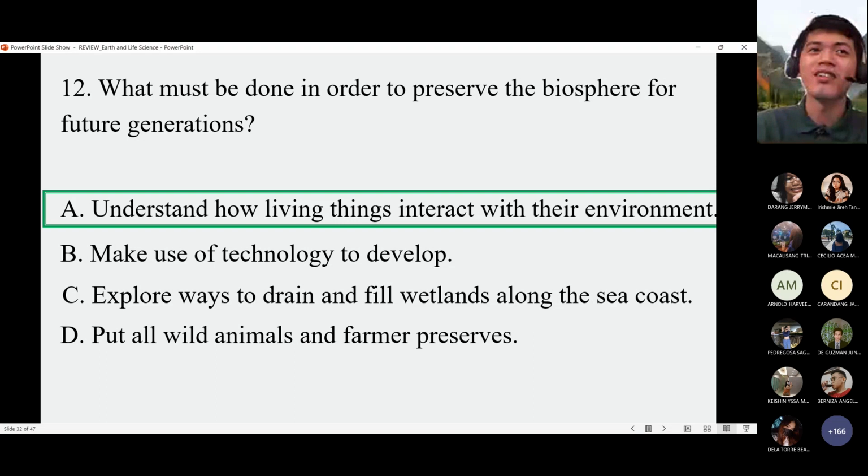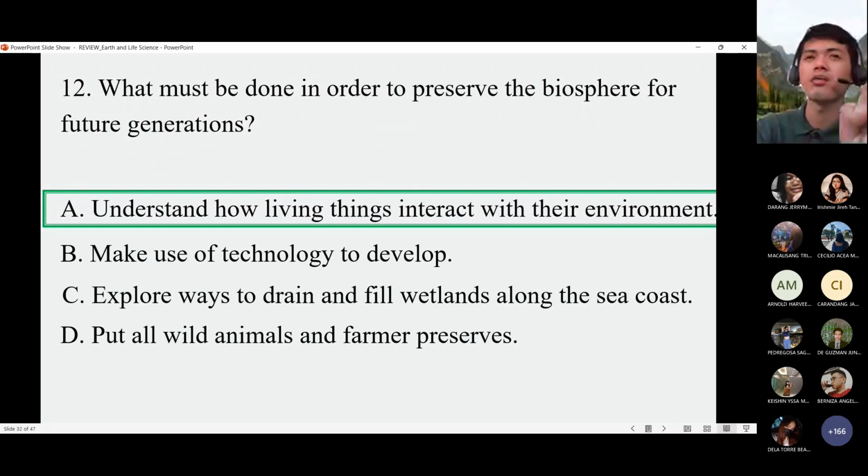That's correct. Okay. You need to understand first the interaction of those living things with their environment before you can preserve the biosphere. You do not necessarily need technology, okay? Explore ways to drain and fill wetlands. Di mo naman kailangan masyado yan, okay? Put all wild animals and farmer preserves.